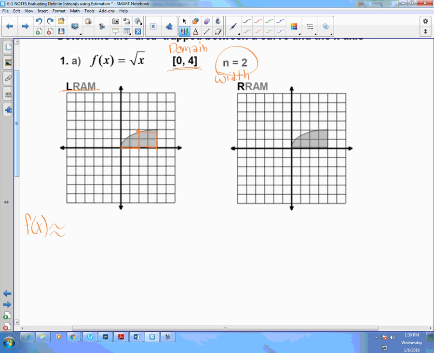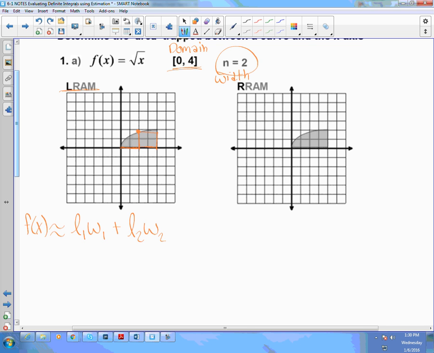So essentially we have L1 times W1 plus L2 times W2, with 2 rectangles. But one of those is the same number for both rectangles. What do they have in common? The width is always 2.